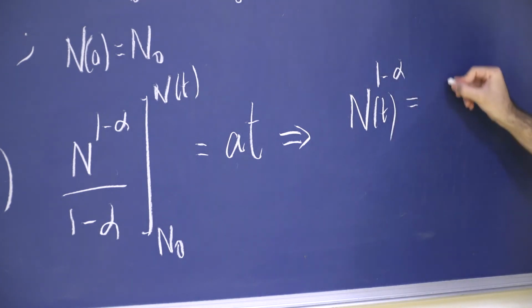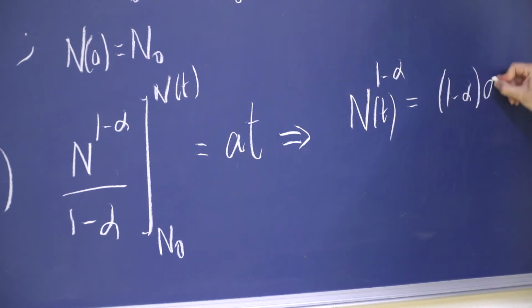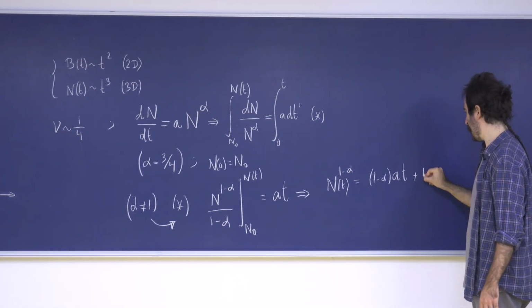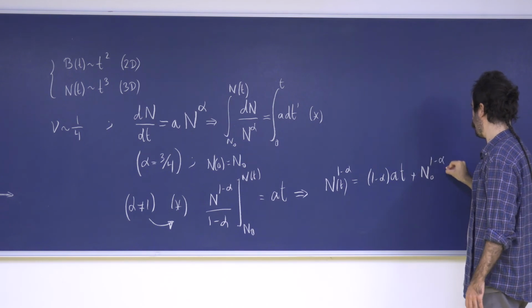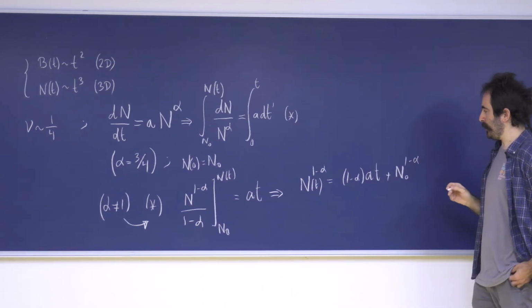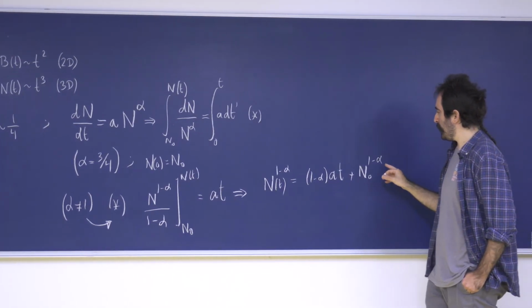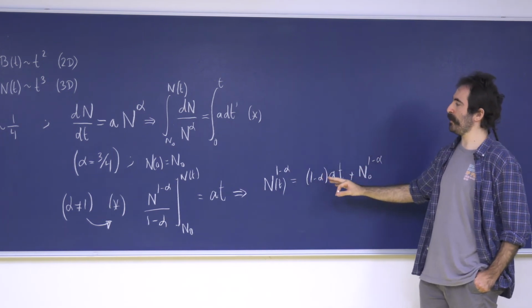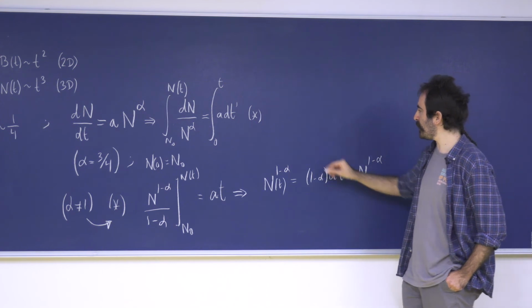It's equal to 1 minus alpha times a times t, all right? Plus n naught to the 1 minus alpha. Sure. And now we finally have an expression that kind of is similar to what we had before.